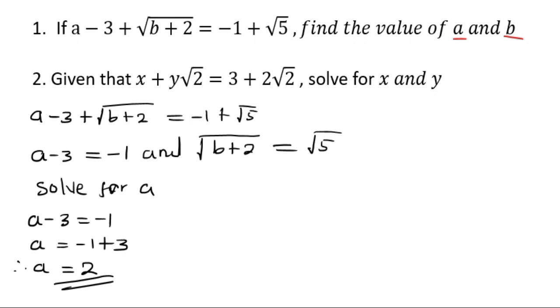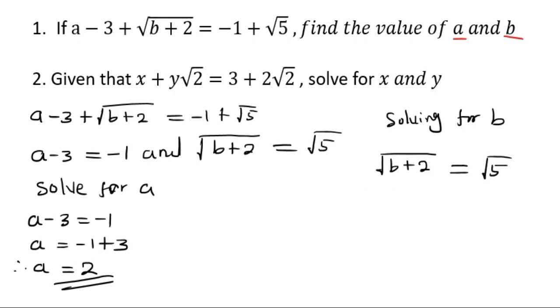Solving for b, we know that the square root of b plus 2 is equal to the square root of 5. Now at this point, what we have to do is square both sides.